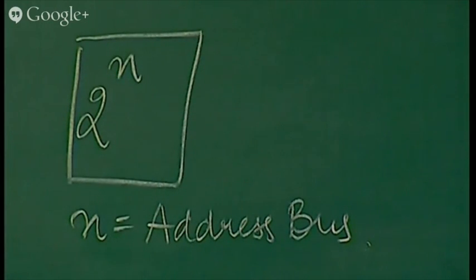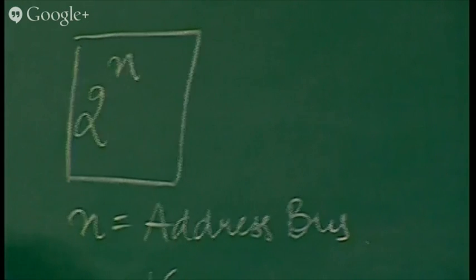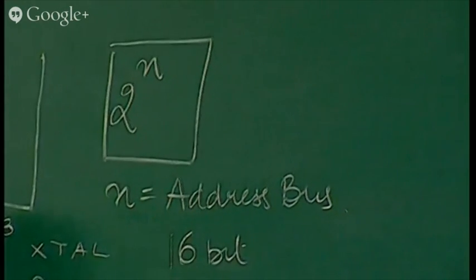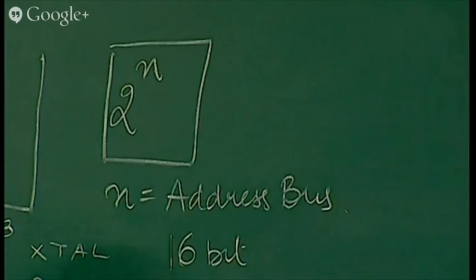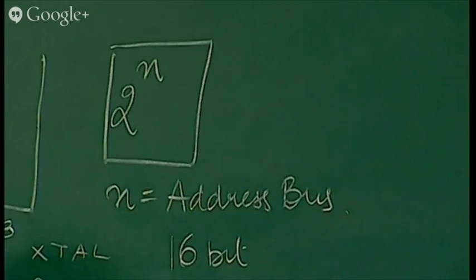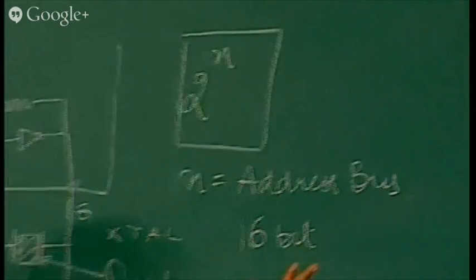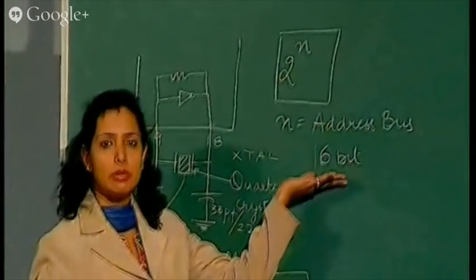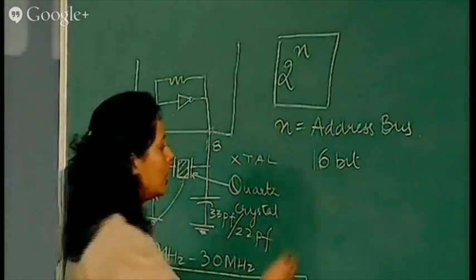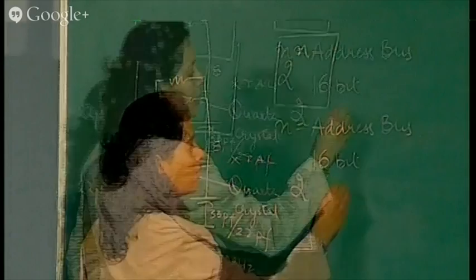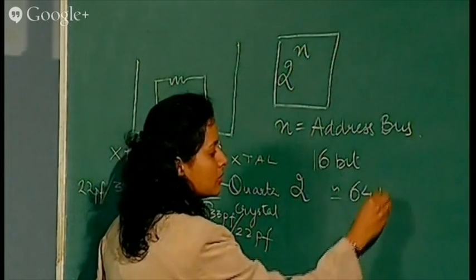Now for our 8051 microcontroller, the address bus size is 16 bit. Similarly for the 8085 microprocessor, 8 bit is the size of the data bus and 16 bit is the size of the address bus. So the total memory which can be mapped or attached to it is 2 raised to power 16, which is 64 kilobytes.